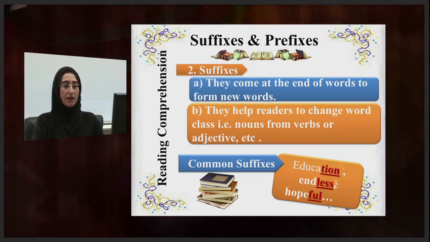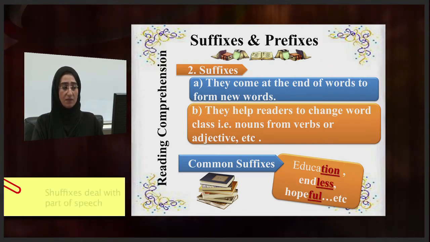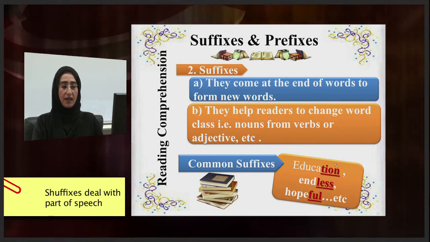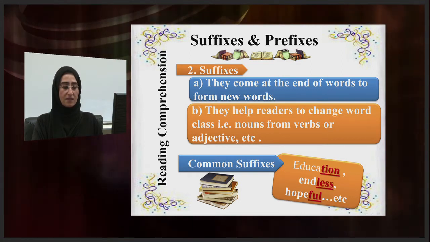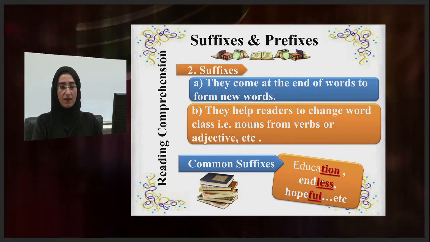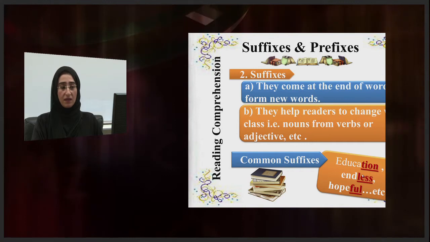Okay, here are common suffixes, like for example the word education. Most of the time "tion" comes for a noun. Okay, endless, hopeful. These words are affected not by their meaning, but by their word class.